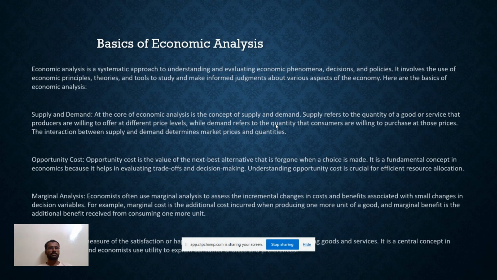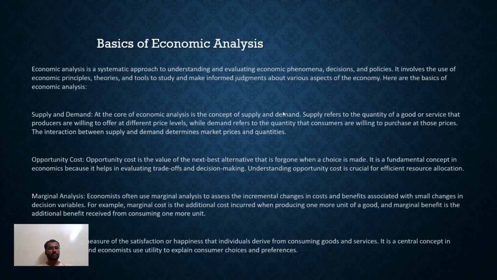So first, let us discuss the basics of economic analysis. Economic analysis is a systematic approach to understanding and evaluating economic phenomena, decisions and policies. It involves the use of economic principles, theories and tools to study and make informed judgments about various aspects of the economy. Here are the basics of economic analysis. Supply and demand.